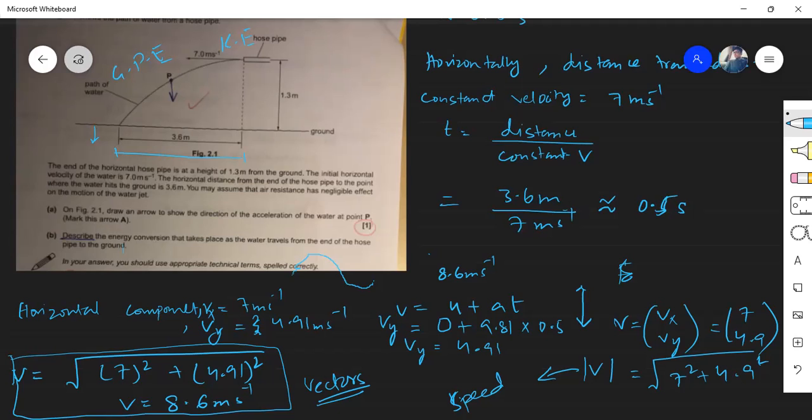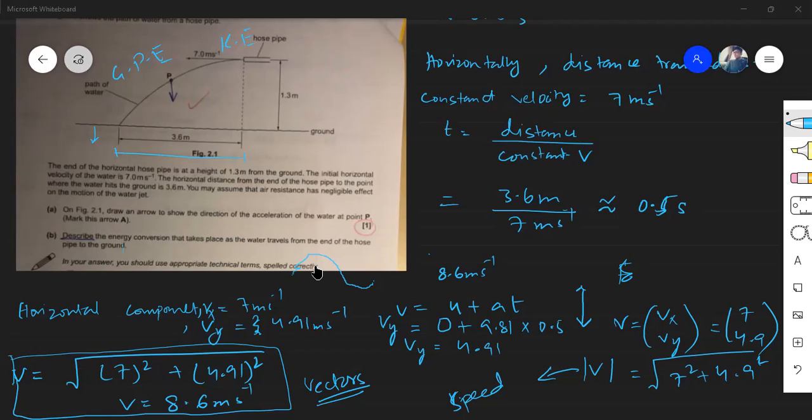Wait, so what is the formula? Can you see the board? Yeah. So I just write that down.